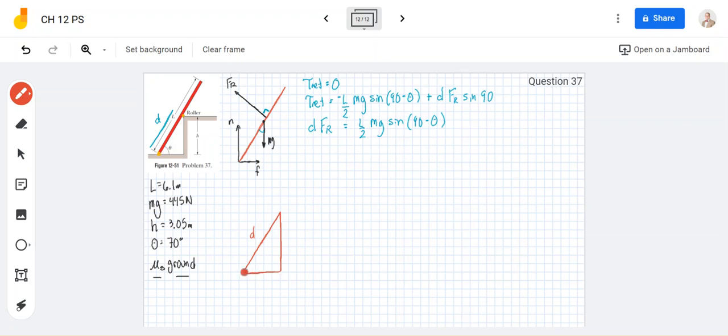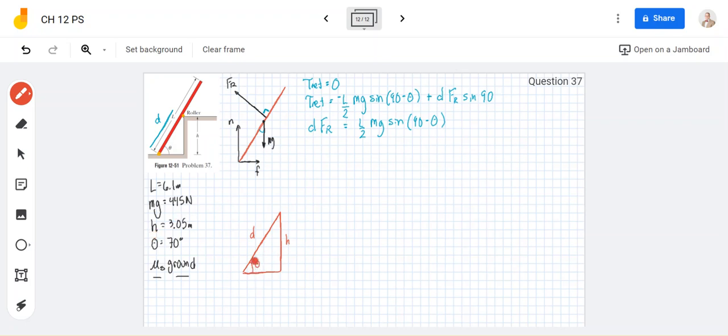This is the distance along the floor to the base of whatever, is this a rod or whatever? So this is d, that's the distance to the roller. This is h. Now, luckily h is given to us.